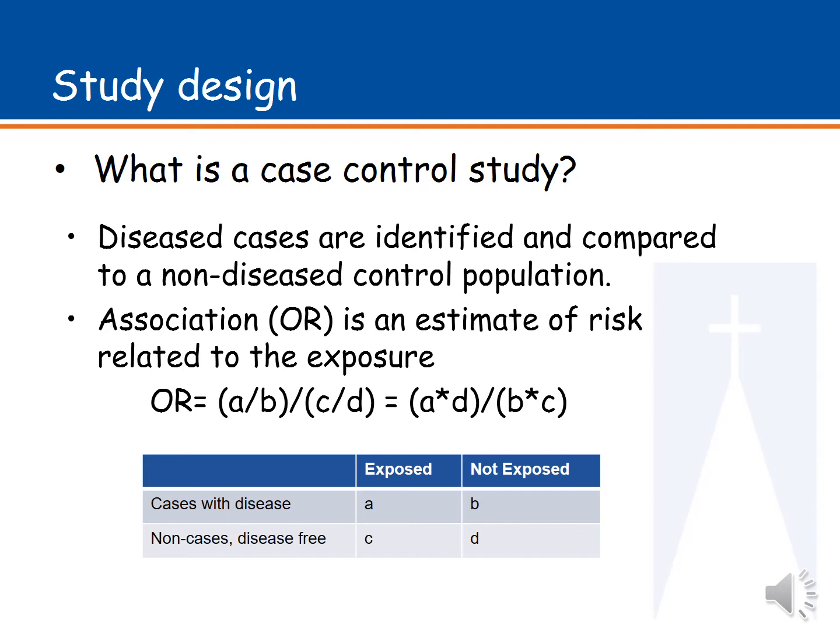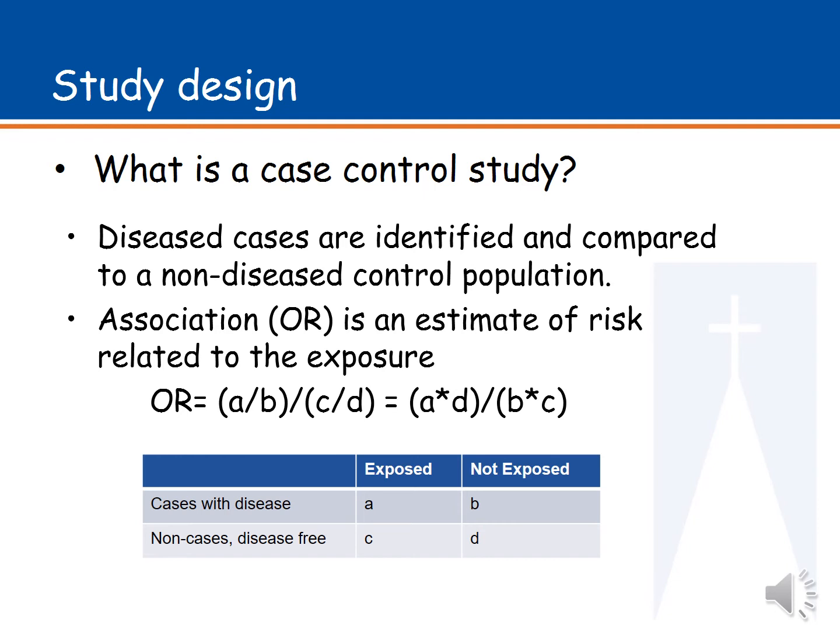And by finding out an association between whether the cases are more likely to be exposed, we're actually identifying whether or not that exposure is associated with that outcome, so that we interpret it very often in a way that's similar to a risk ratio, where we say that that exposure is associated with being more likely to have the disease. So it's a current cross-sectional analysis, but it allows us to get an estimation of a concept of risk.